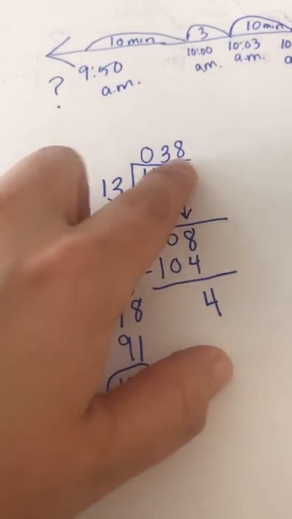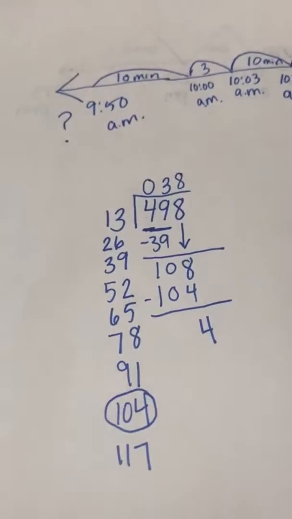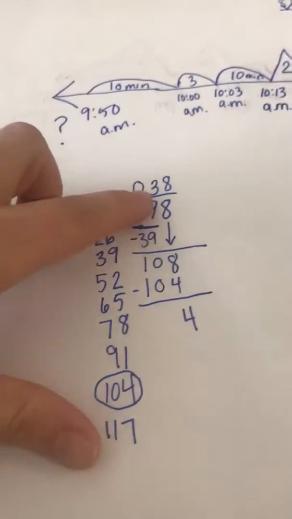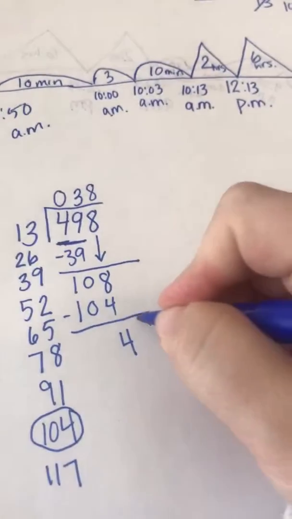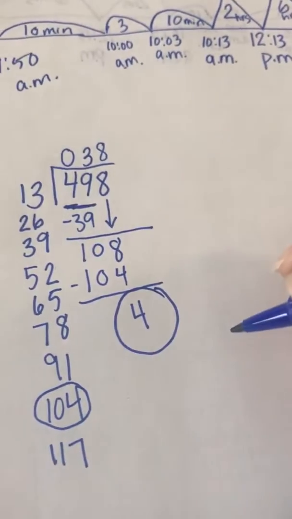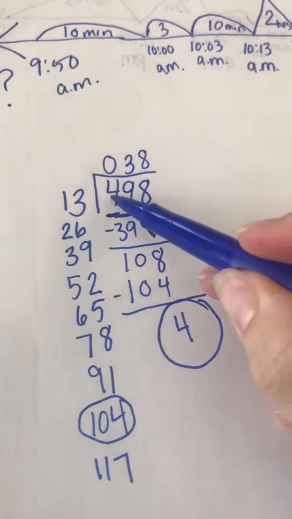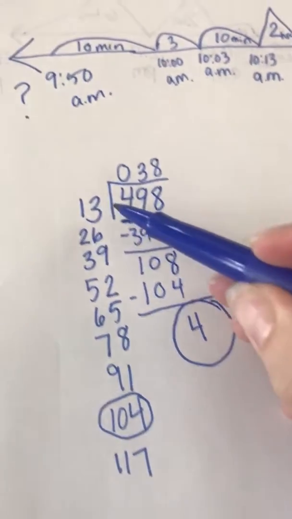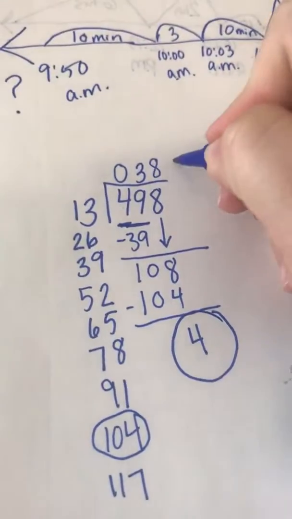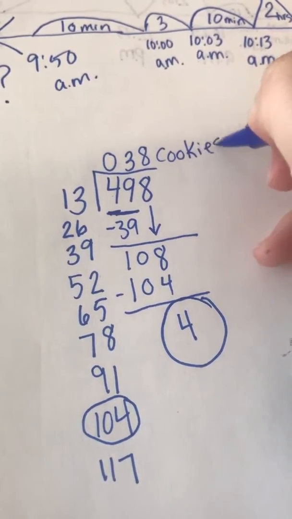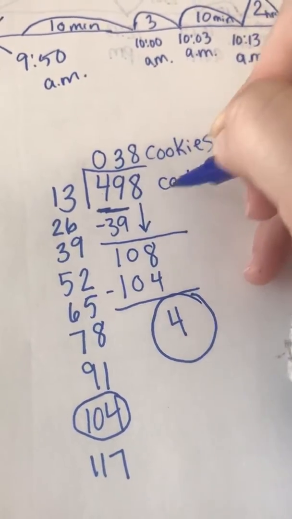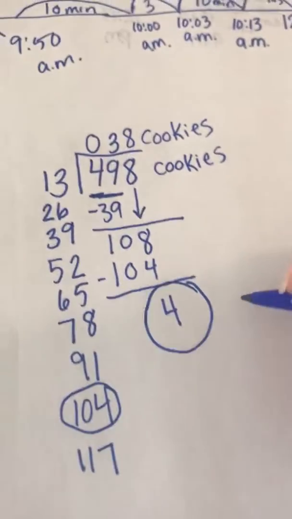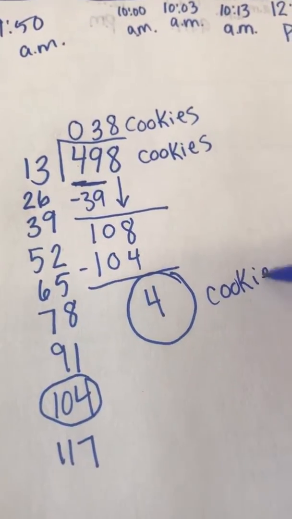So I knew when I was doing my division that my goal number was going to be 38 up here. I knew that. But I had to do the division out on paper in order to actually get the remainder. So it looks like when she divided 498 cookies up to her 13 friends, each friend got 38 cookies, because we're dividing cookies, and then we had some cookies left over.